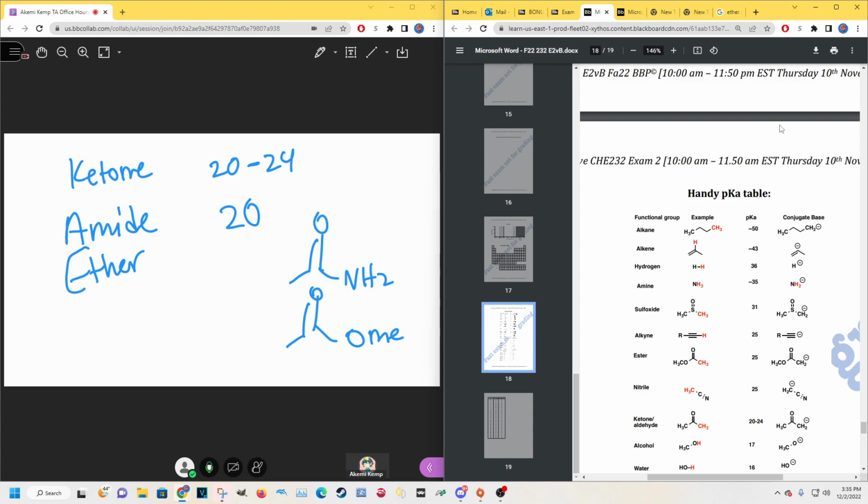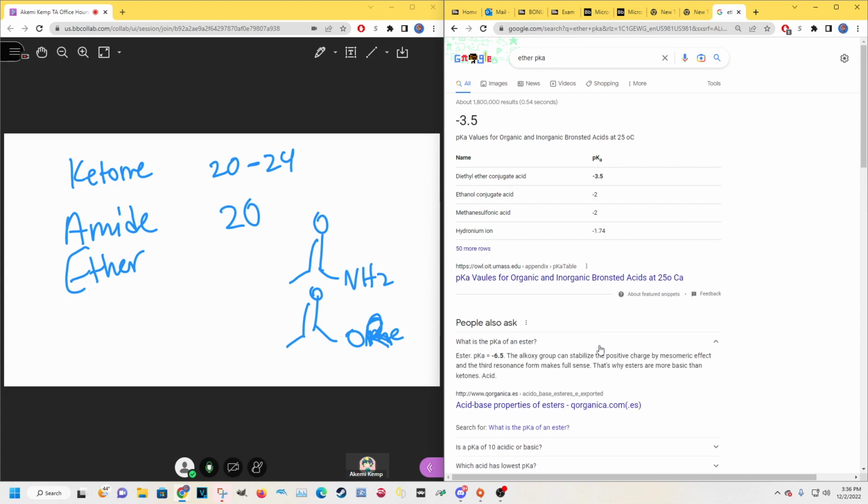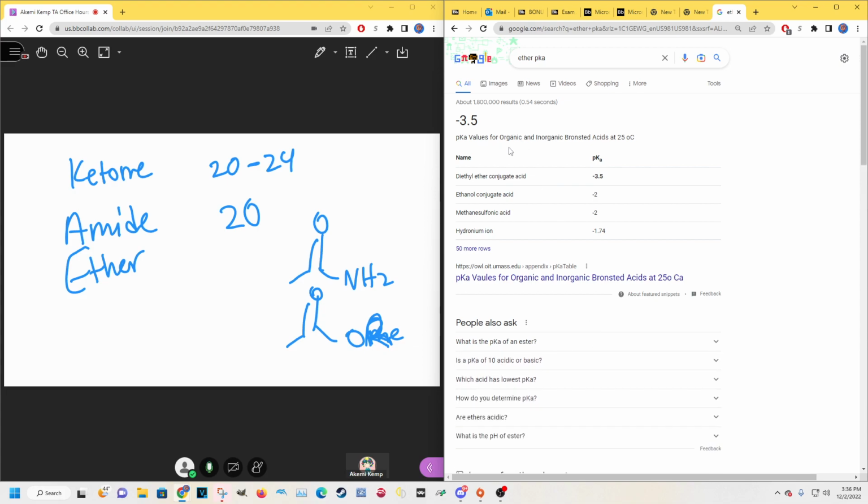Let me just put R for R group. It says negative 3.5 for ether. It says negative 3.5, pKa values for organic and inorganic Bronsted acids at 25 Celsius.